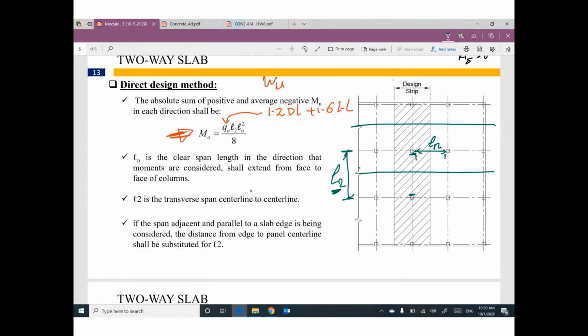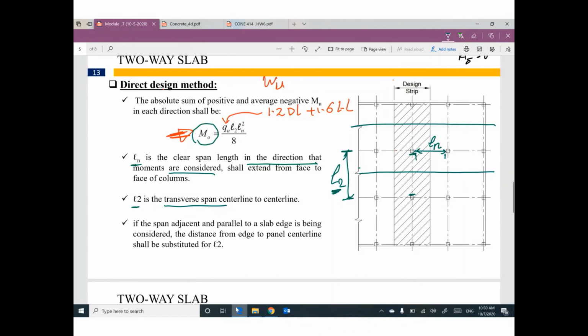Ln is in the direction you are considering. L2 is perpendicular, or in the transverse direction. I calculated M naught, which is one value.